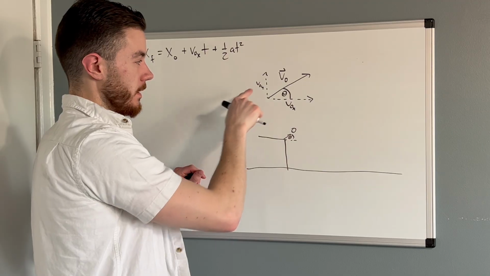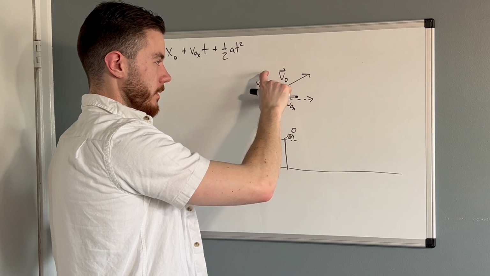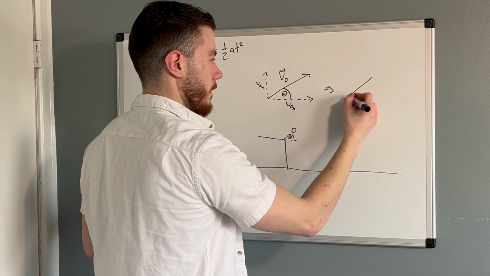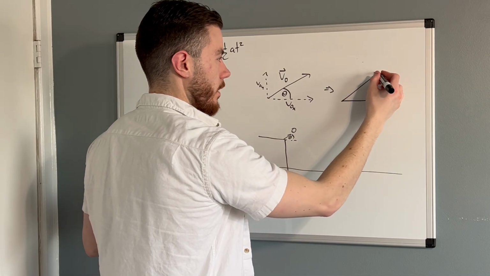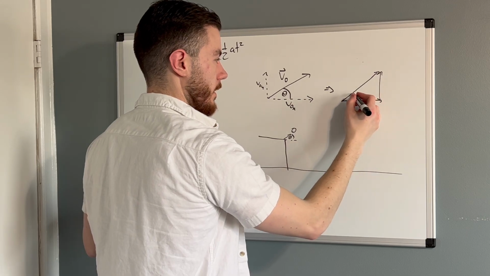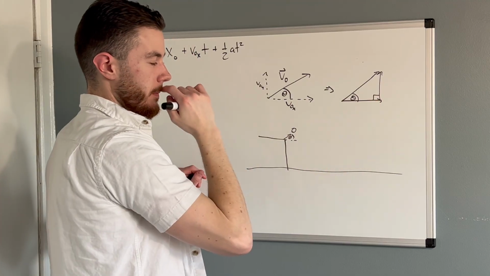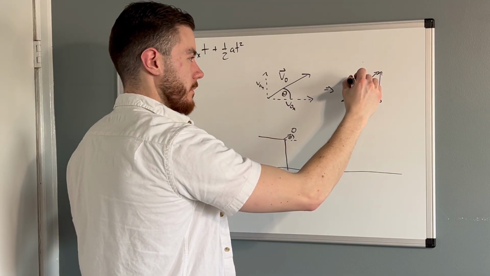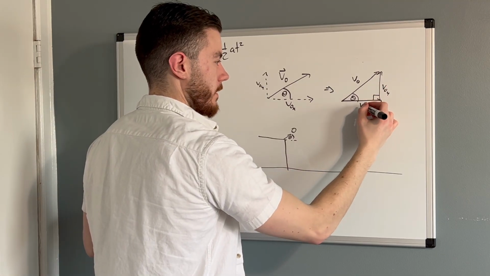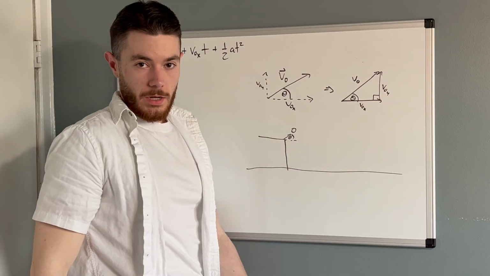Now, if we move this v naught y component over here, you see that we can form a right triangle. Again, here's theta. We know what this is, v naught. We know what this is, v naught y, v naught x, and we have theta. Some basic trigonometry.